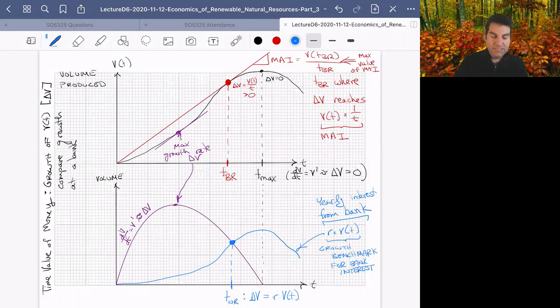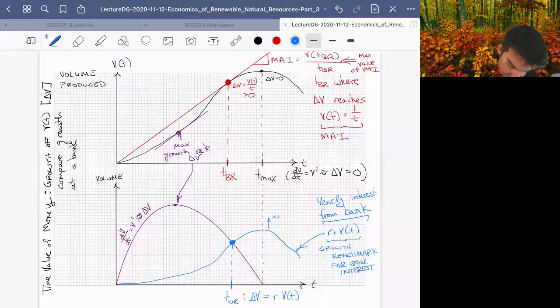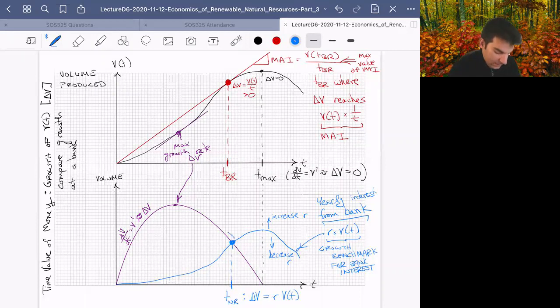And as I hope you can see here, if I were to increase R or decrease R, then that's going to cause this point to go left or right.